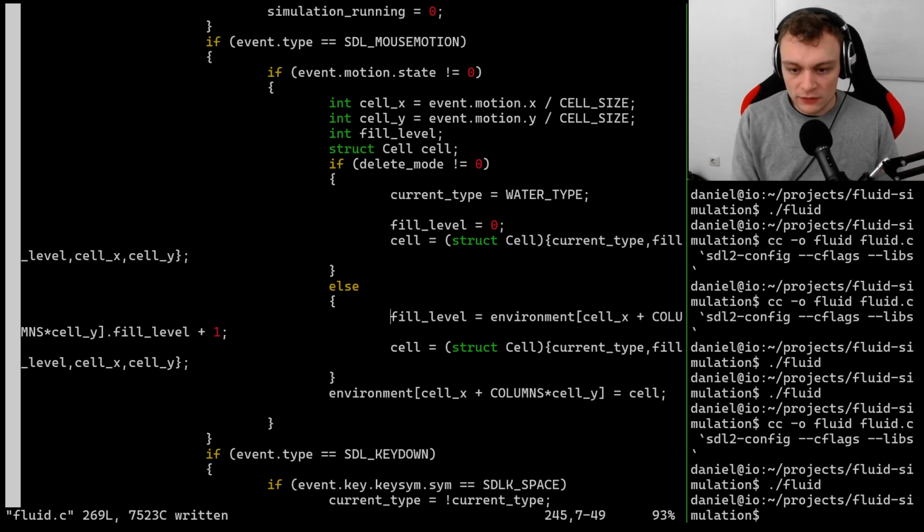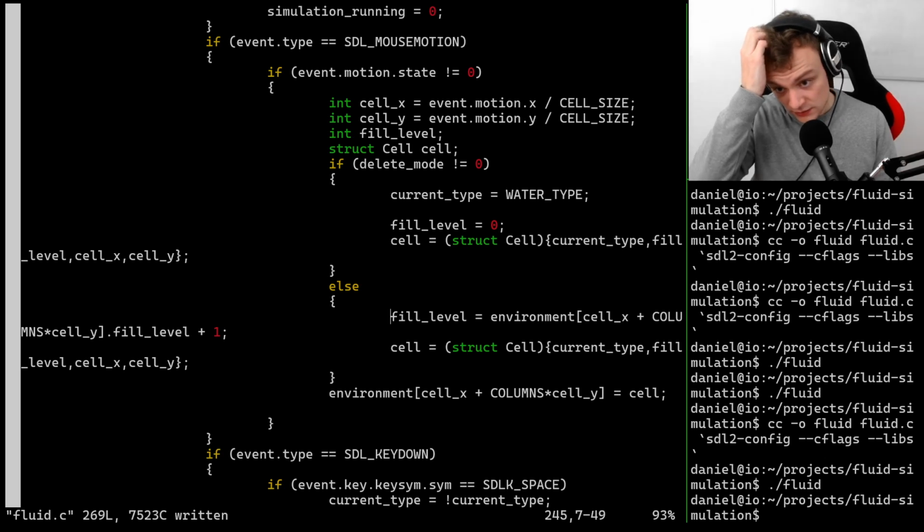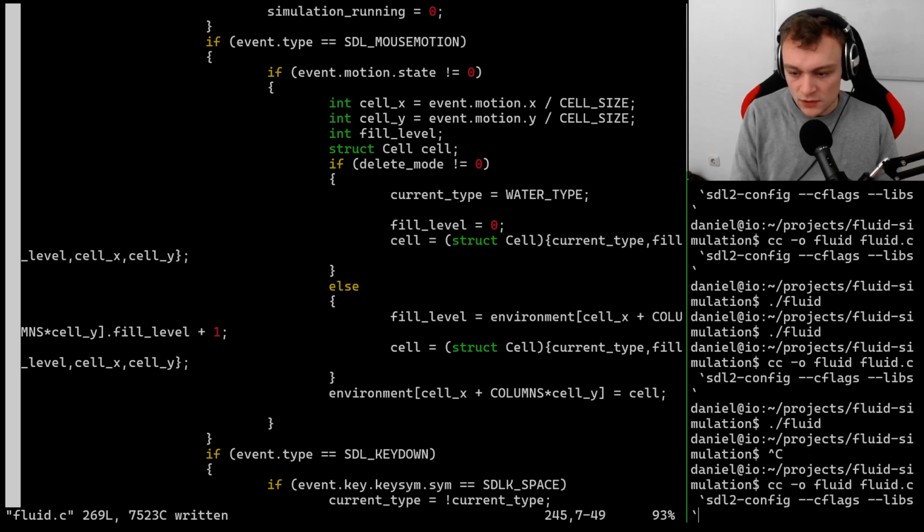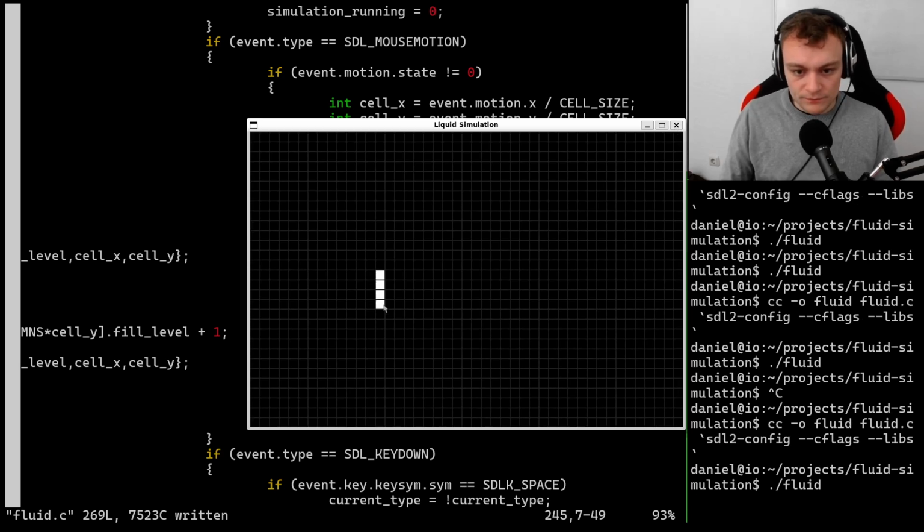And the fill level is incremented by 1. That doesn't matter for solids actually, because they are always handled as solids, but so we can leave that piece of logic there. Yeah, let's try.